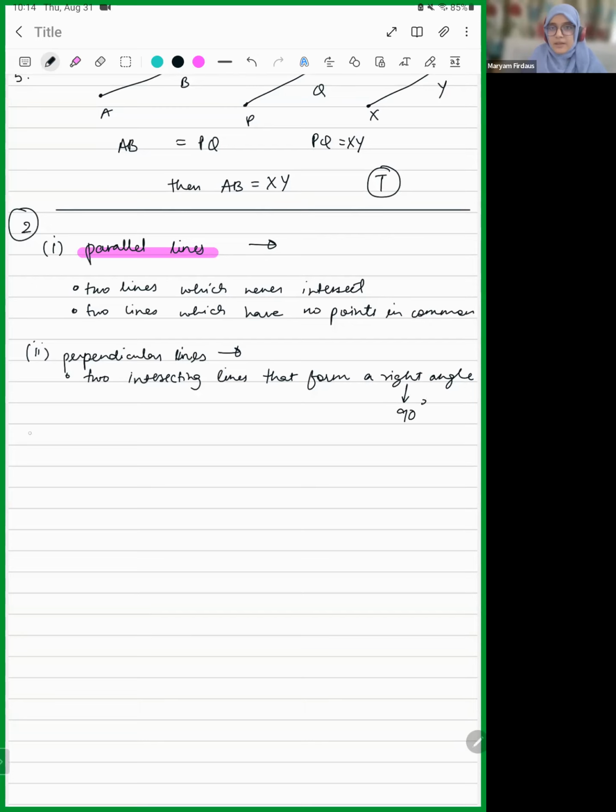Okay. Then line segment, how will you define line segment? A part of a line or a terminated line? Yes, a part of a line or a segment of a line.